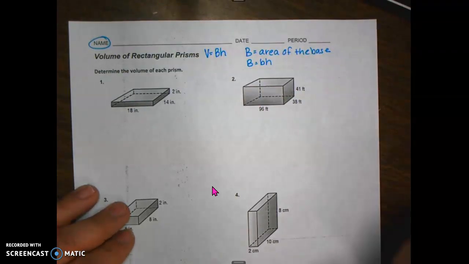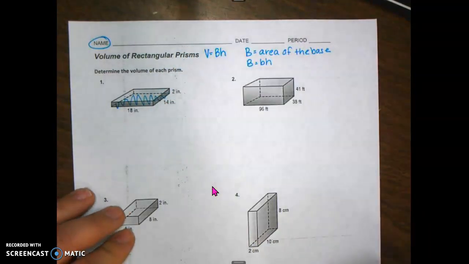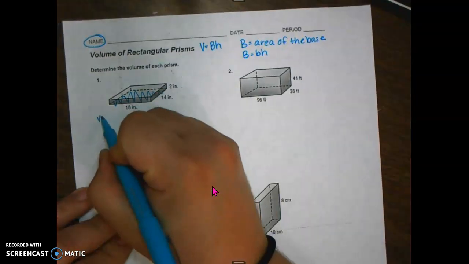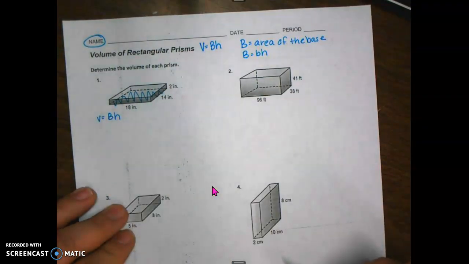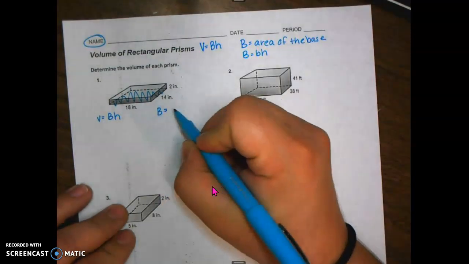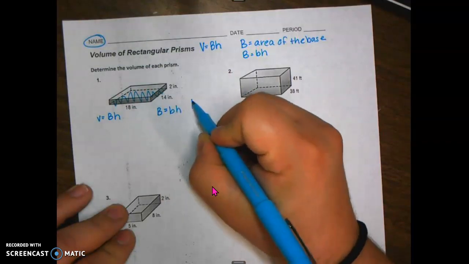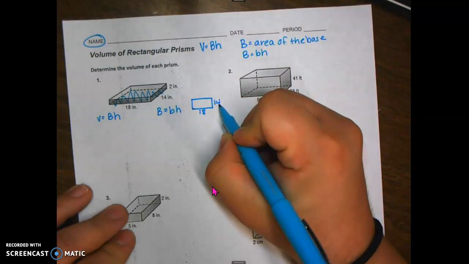Okay, so I'll do the first one with you. Shade your base. That's the bottom. So volume equals area of the base times the height. So we need to figure out the area of the base. The rectangle on the bottom is 18 by 14.